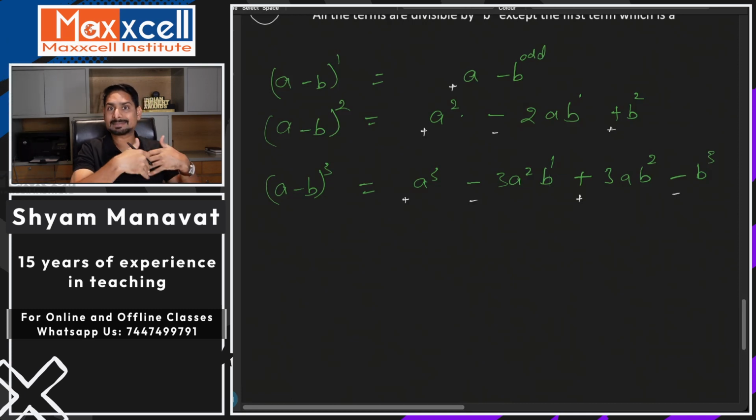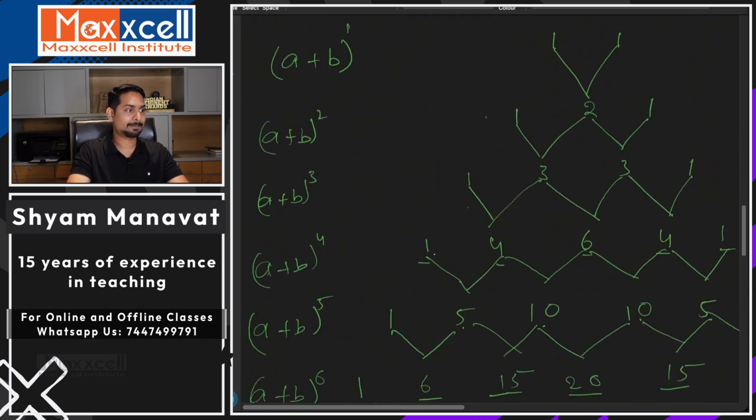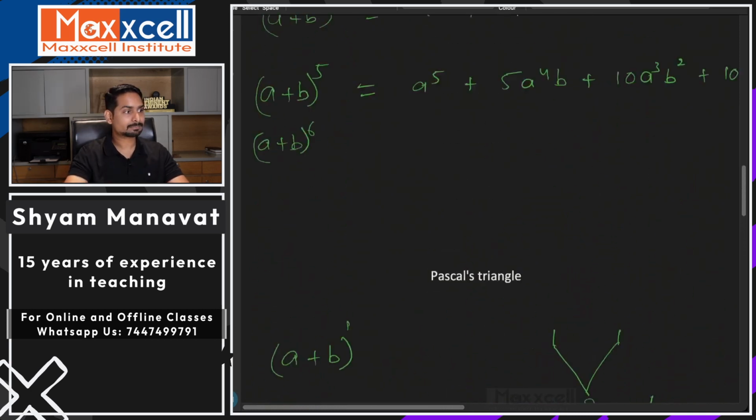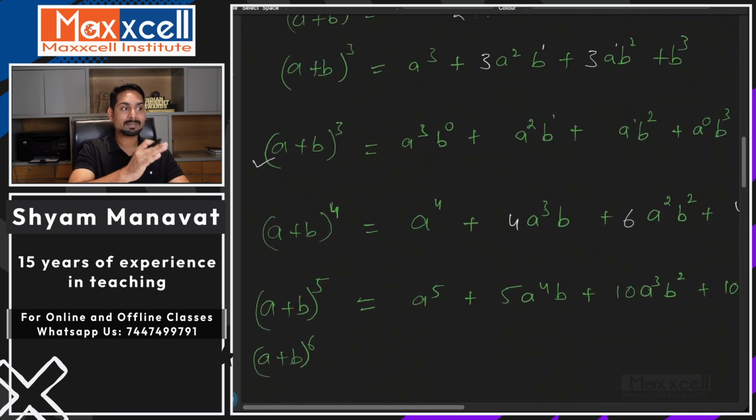Rest everything is same as the previous expansion, the A plus B whole to the power n. Pascal triangle will follow same, the coefficient 1, 1, 1, 2, 1, 1, 3, 3, 1, 1, 4, 6, 4, 1. That will follow the same pattern. The power of A and B will follow the same pattern. Power of A will keep reducing, power of B keep increasing.